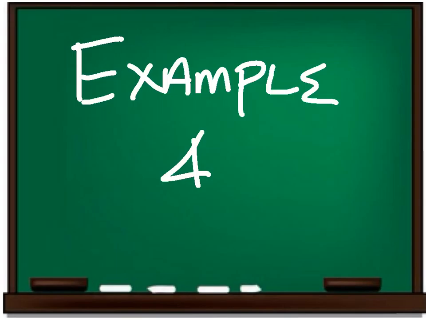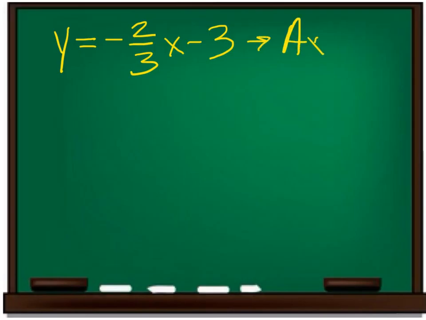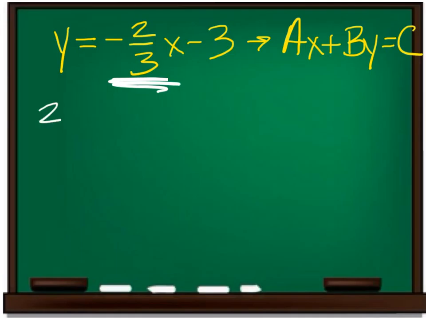Example 4. y equals a negative 2/3 x minus 3. We want to change that to standard form, ax plus by equals c. Move this x term to the left and change the sign. 2/3 x plus y equals a negative 3.